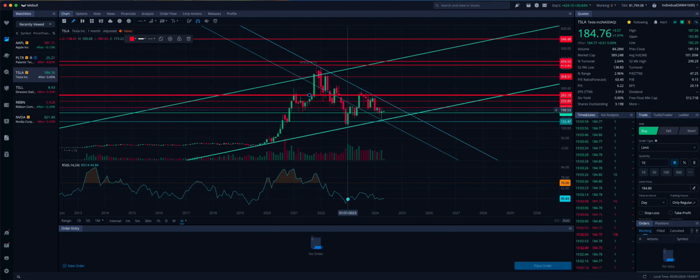This is what I have for Tesla. Eventually, Elon Musk is always on the media. Every time it touched this support here, we can see the stock went up historically. So touch here, went up. So I think we're gonna see at least something around here. This could take a year, guys.